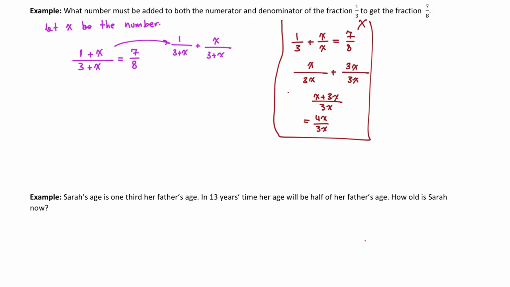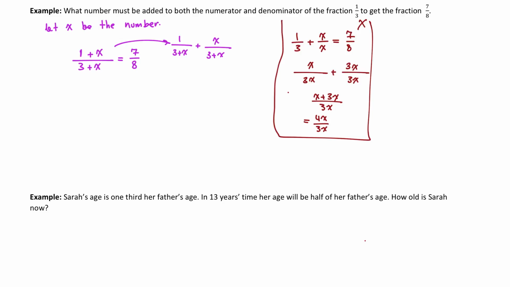Now, we have our equation, which is the one right over here, and we need to solve for the x value. I have two x values, so I actually have to use some rearranging techniques to get to my final solution. What I will do here is get rid of the denominators first.